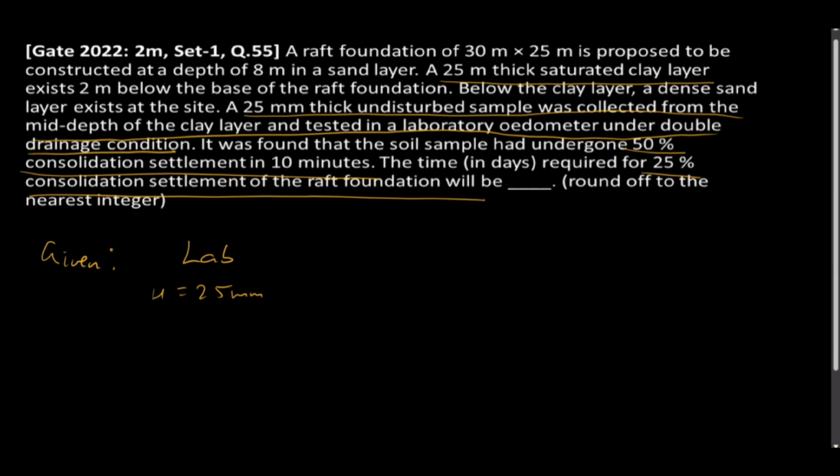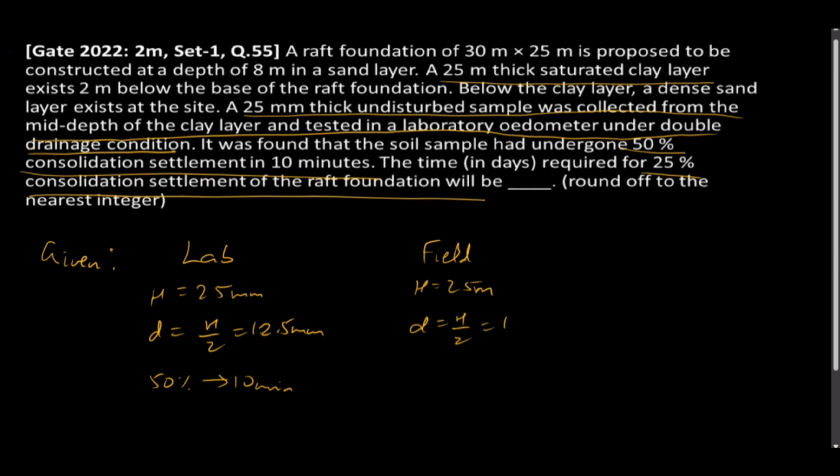So we will be getting D equal to H by 2, that is 12.5 mm. And for 50 percent degree of consolidation, it took 10 minutes. So in field case, the thickness of clay layer is 25 meter, so D will be equal to 12.5 meter. And they asked us to find out the time required for 25% of consolidation.